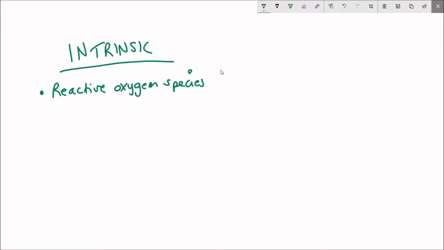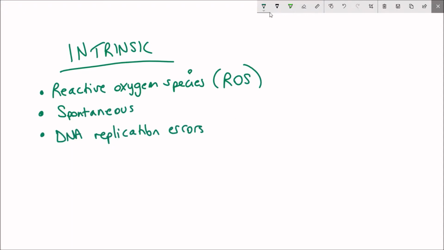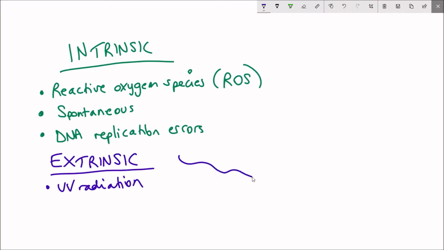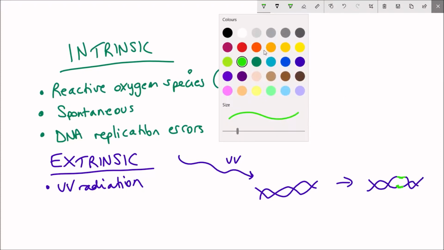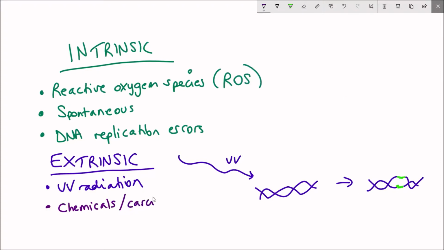The intrinsic or endogenous sources of damage include reactive oxygen species, spontaneous damage, and also mutations that can occur from DNA replication errors. The extrinsic or exogenous sources of damage include UV radiation and chemical exposure, such as carcinogens.